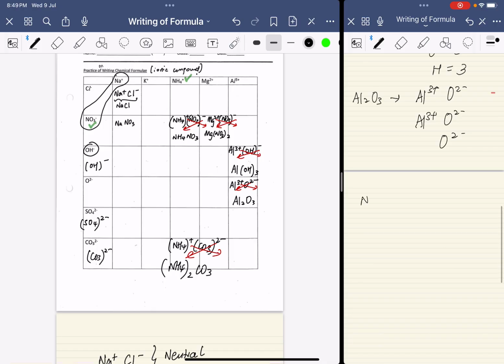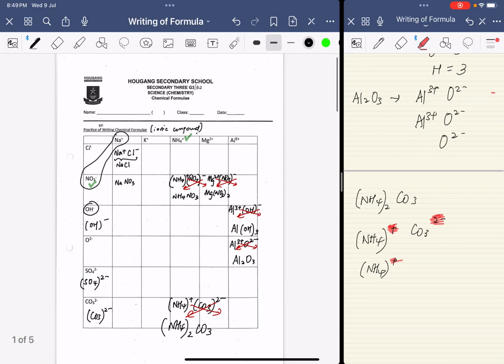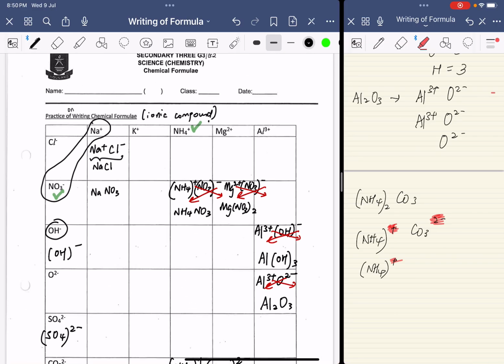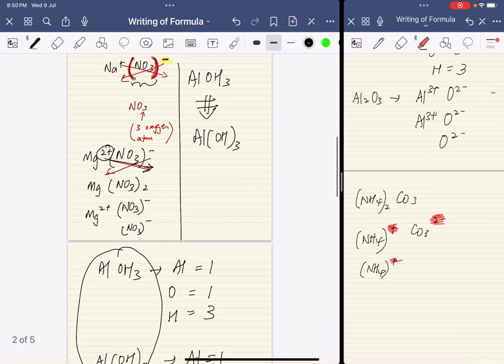The meaning of (NH4)2CO3 is that I have 2 sets of NH4 to go with the 1 set of 2 minus. So 2 plus will give you a 2 minus. Pause your video to understand how the writing of the chemical formula works, and continue to do your cross multiplication.